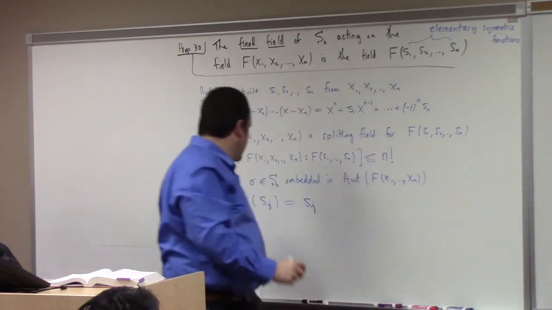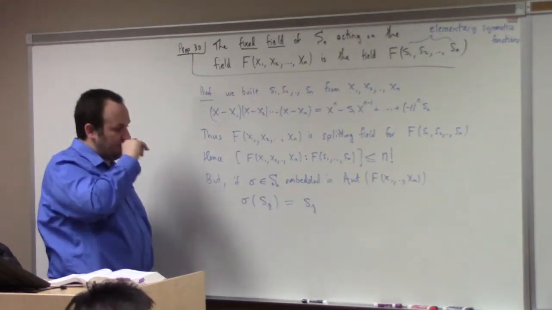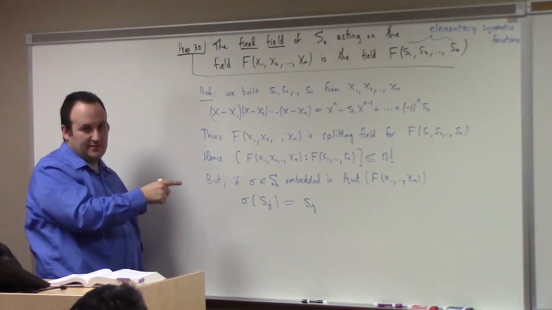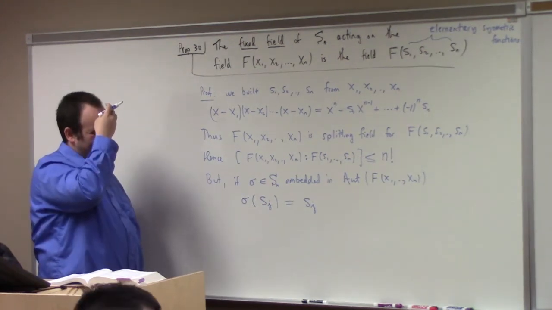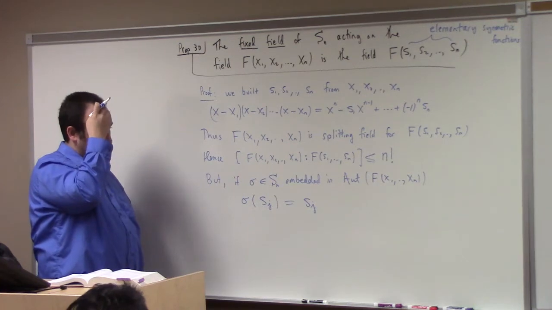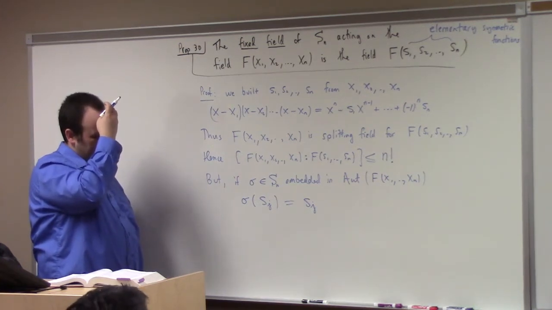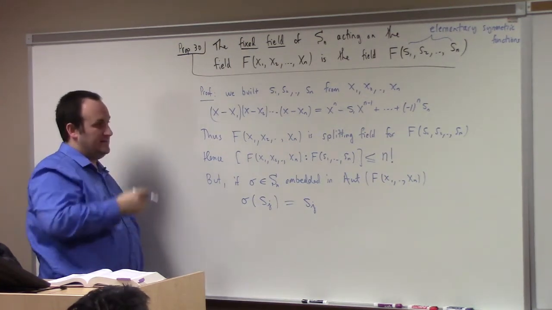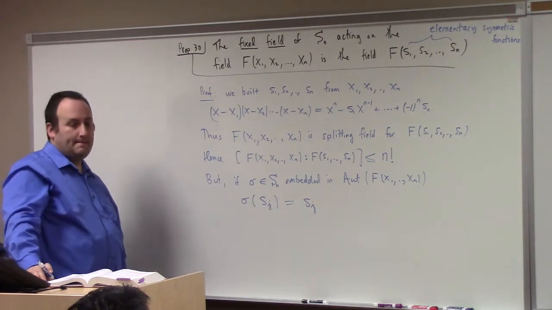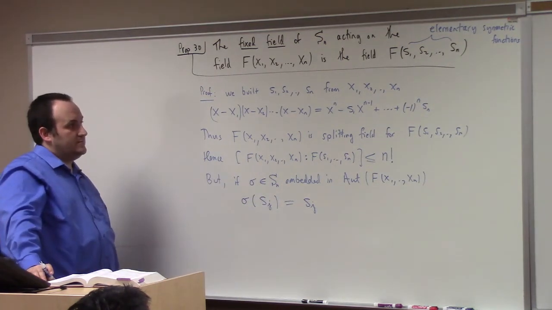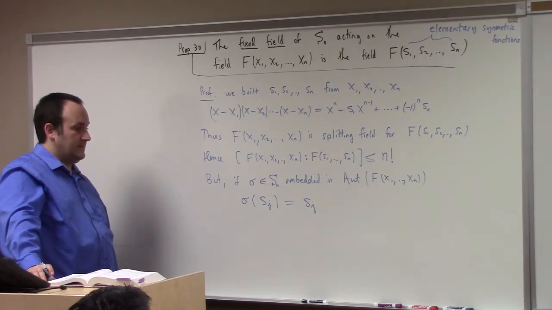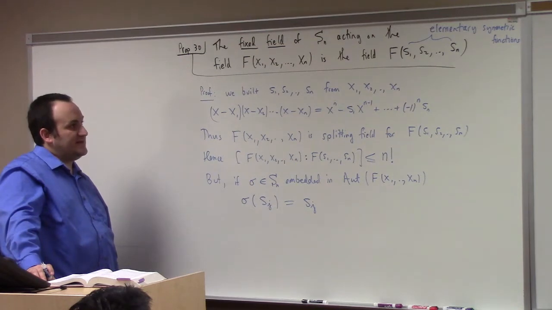Thank you. Now, so anyway, the point is that they fix sj. And so what does that mean? What does it take to be in the fixed field of Sn? You fix all the adjoined elements.